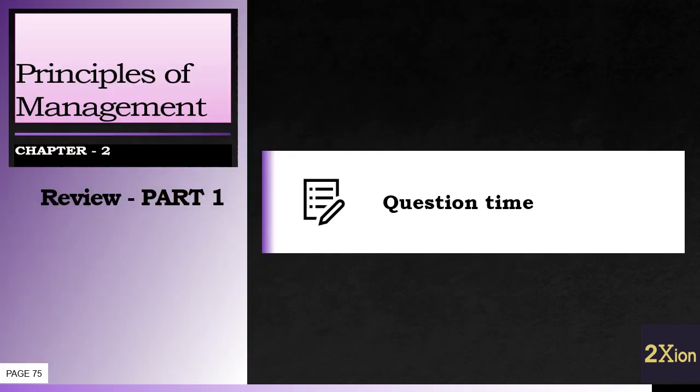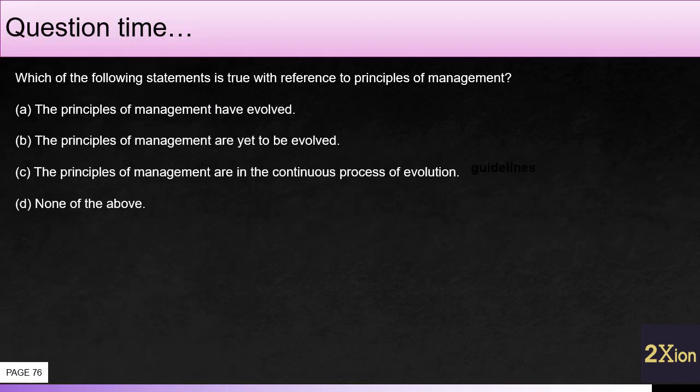It's question time. Which of the following statements is true with reference to principles of management? A, the principles of management have evolved. B, the principles of management are yet to be evolved. C, the principles of management are in the continuous process of evolution.